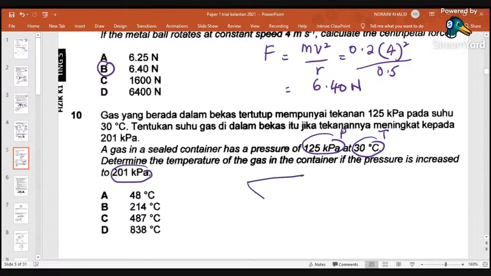Okay, there is a magic triangle, PBT. Boyle's, Charles's, and the pressure law, or Gay-Lussac's law. If it mentions pressure and temperature, it means volume is constant.